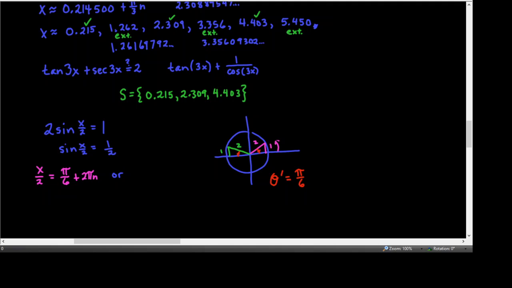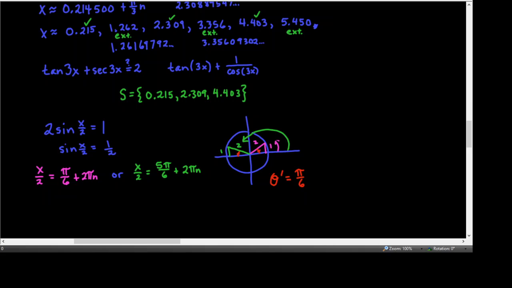Or, and then the green one, this angle, is 5 pi over 6, so x over 2 is equal to 5 pi over 6 plus 2 pi n, and all coterminal angles.